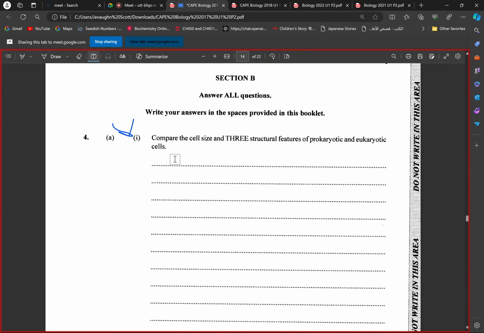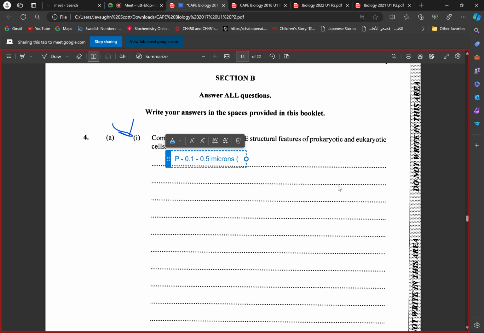We know that for the prokaryotic cell, it's generally from 0.1 to around 0.5 microns or micrometers in size, right?